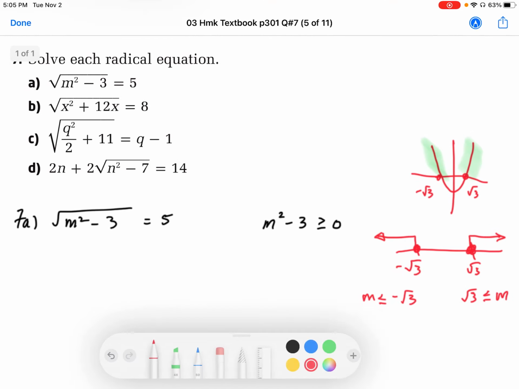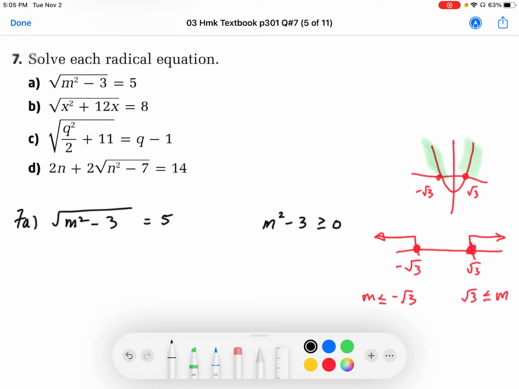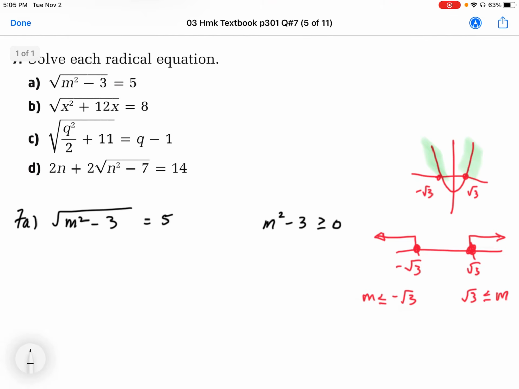Okay, the next part is the solving part. This is the main part. We're going to solve this by squaring both sides. We end up with m squared minus 3, and since we square this side, we have to square the other side to keep it balanced. So m squared minus 3 is equal to 25, because we square that 5.